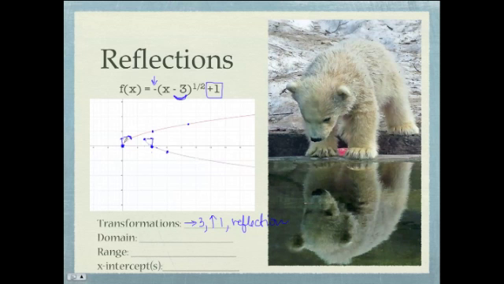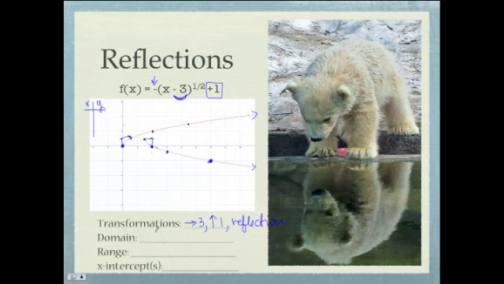And then this one we went up 3 and over 9, and so instead I'm going down 3 and over 9. However it works for you to figure out how to do that, you could even make a little XY chart and do that.